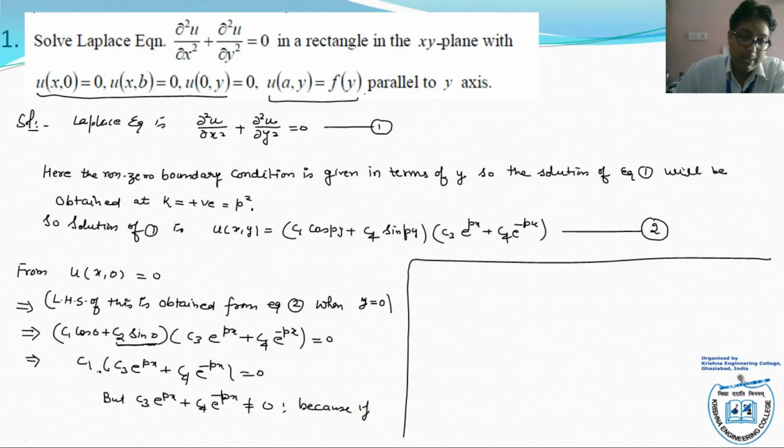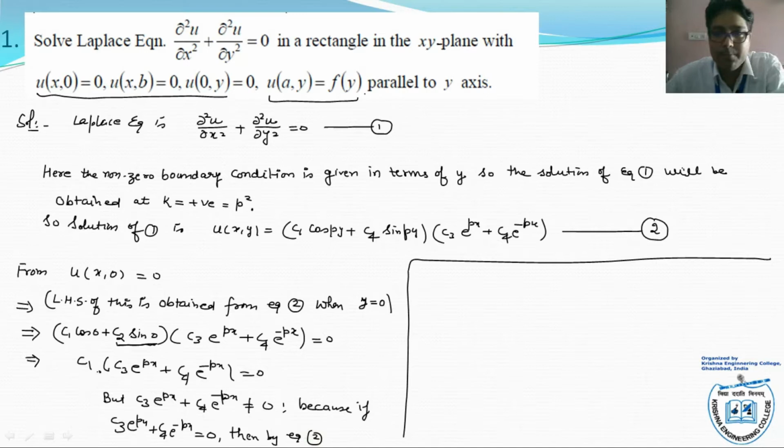if c3 e to the power px plus c4 e to the power minus px is equal to 0, then by equation second we get u(x, y) is equal to 0, which is impossible.